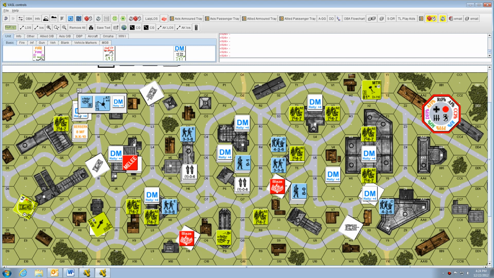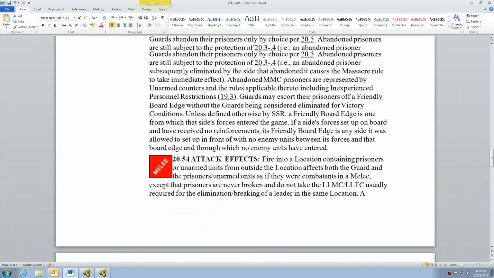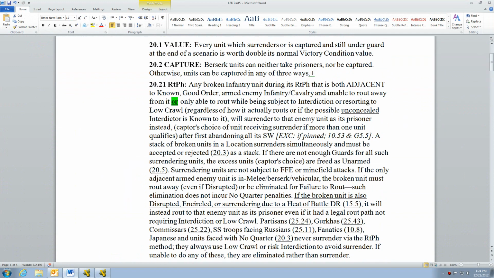If we look at H2 here, we have a crew up in H2 that has been broken. Remember our rule here, if we go back to the beginning, a broken infantry unit during its rout phase that is both adjacent to a good order enemy armed unit, infantry or cavalry, and unable to rout away, or if they're only able to rout away and are subject to interdiction or have to use low crawl, will surrender to the enemy as a prisoner instead.